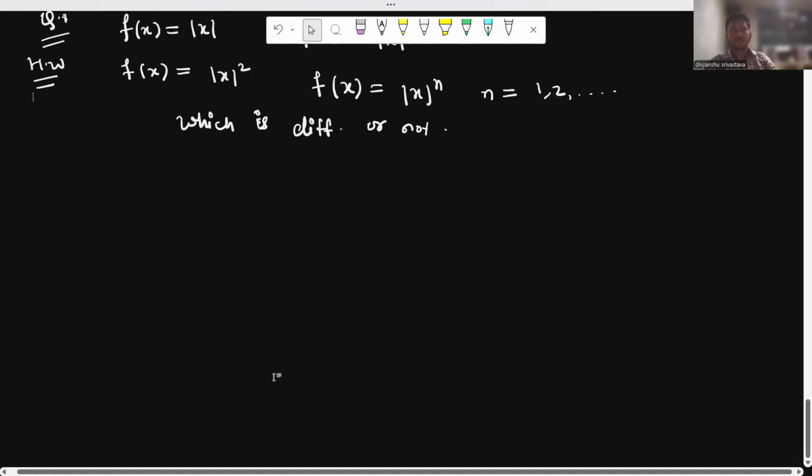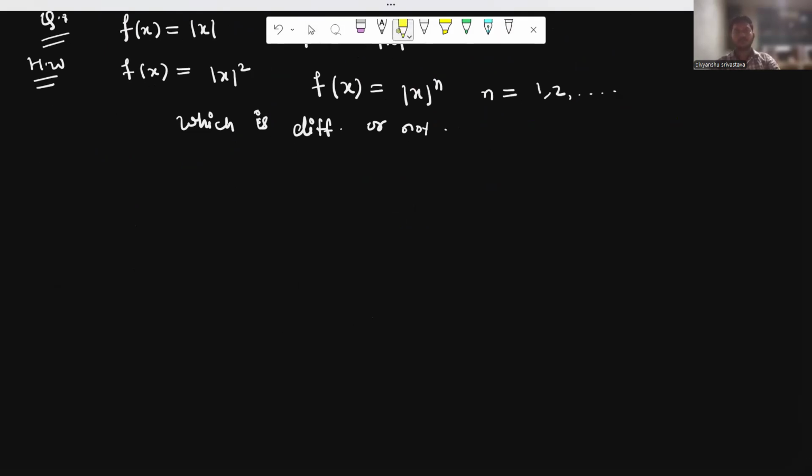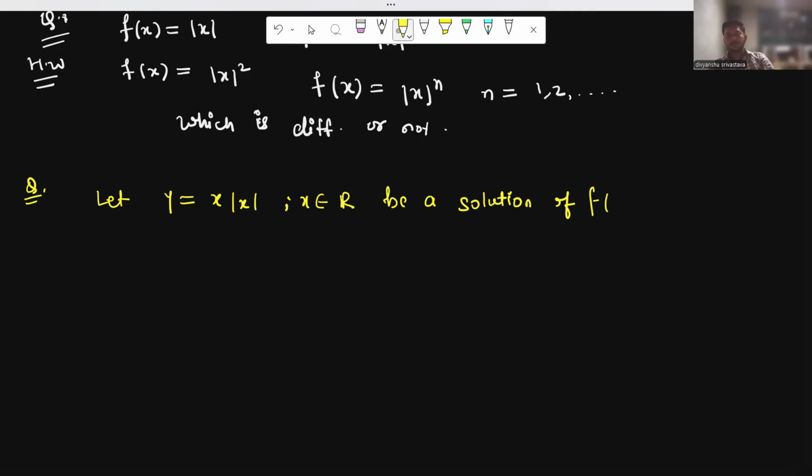Okay, so here is one more question, and the question is, let y is equal to x modulus x, mapping x belongs to R, be a solution of x y y prime, y double derivative, goes up to y to the power n, which is equal to 0.